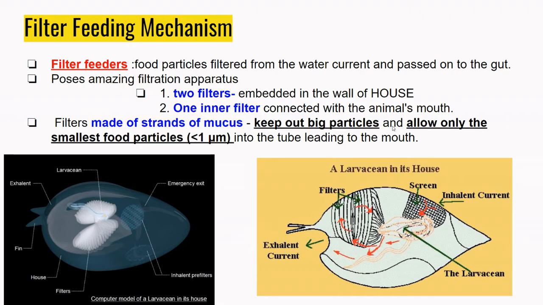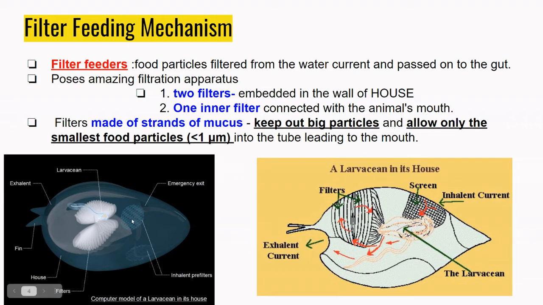Now, when we come to the filter feeding mechanism, these are filter feeders and they use the food particles which get filtered from the water current that is passed into the gut. For this, they have an amazing type of filter apparatus. They normally possess two filters embedded in the house.